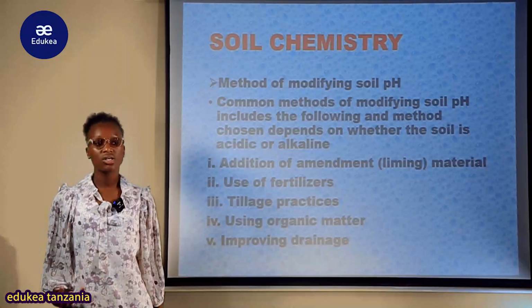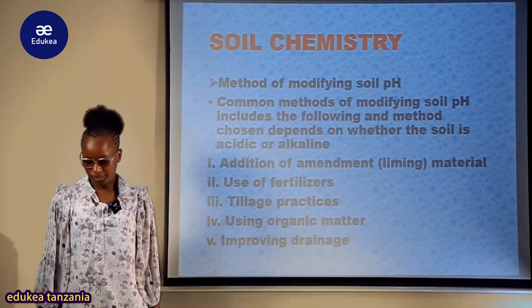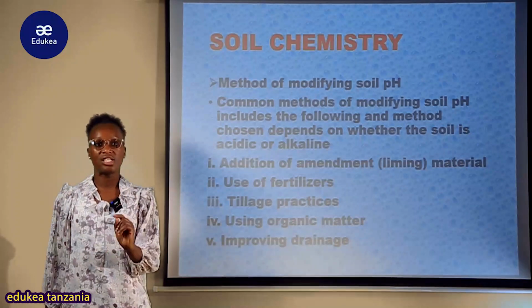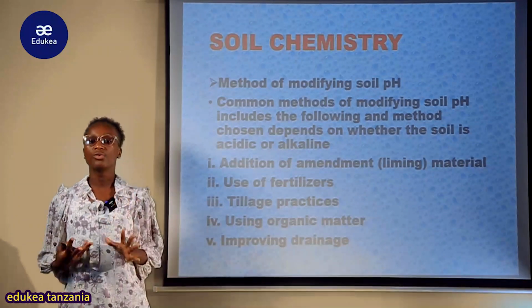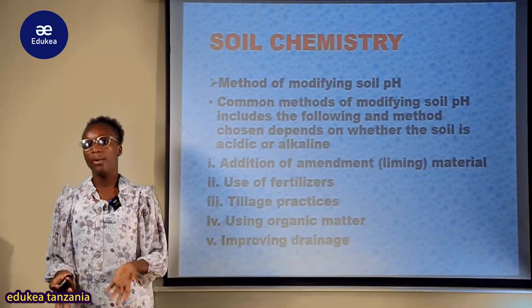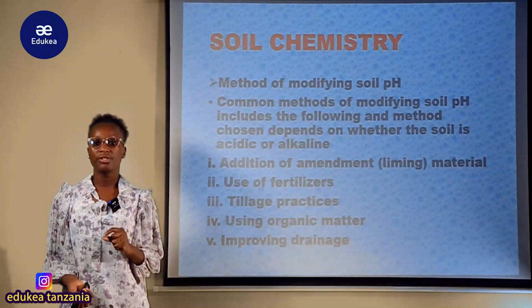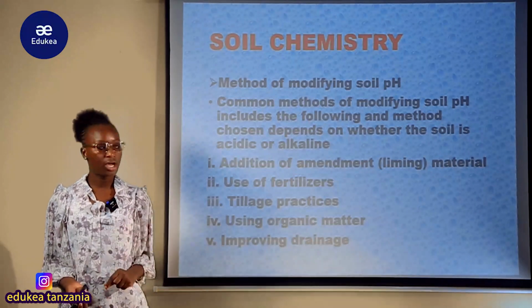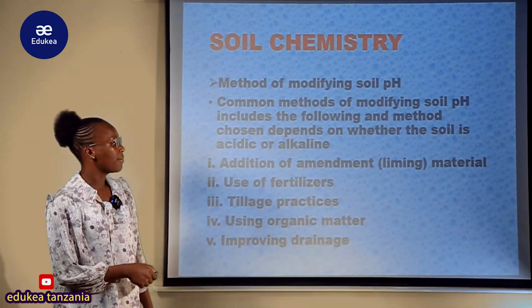Kwamba zifuatazo ni njia ambazo zinatumika kufanya modification ya soil pH, lakini we can't modify the soil pH bila kuangalia the nature. So we have to know the nature of the soil. Maybe it's acidic or basic in nature. And the final is where we can develop now the methods to modify such kind of soil. The first is the addition of amendment or liming material.